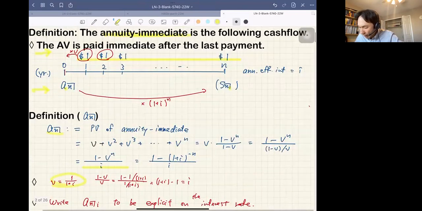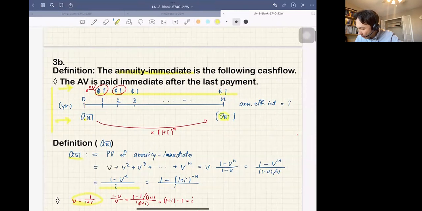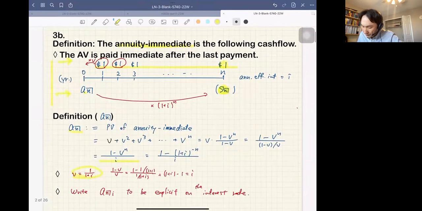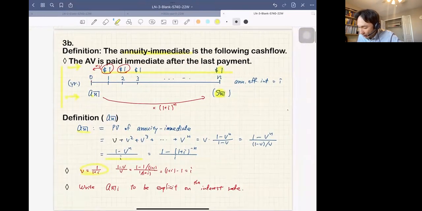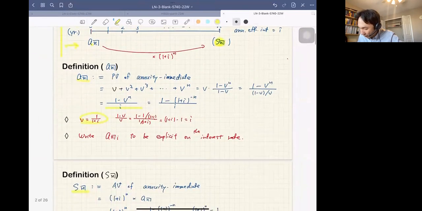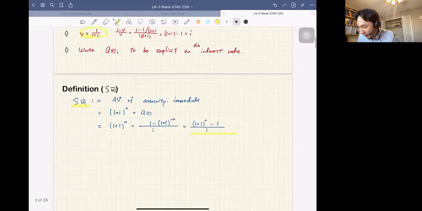And we call this annuity immediate because the lump sum payment of s angle n is immediately after the last payment. It's not very easy to interpret this, but the original meaning of annuity immediate is this.